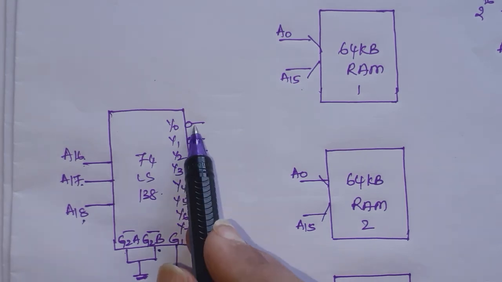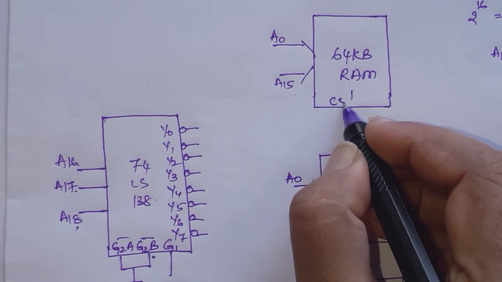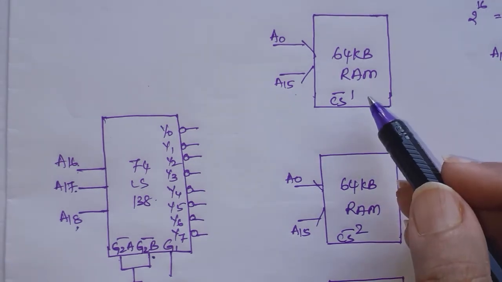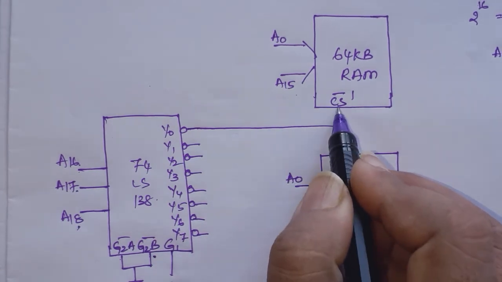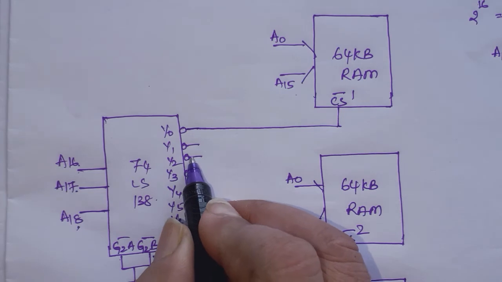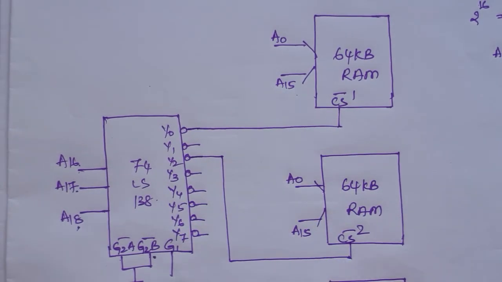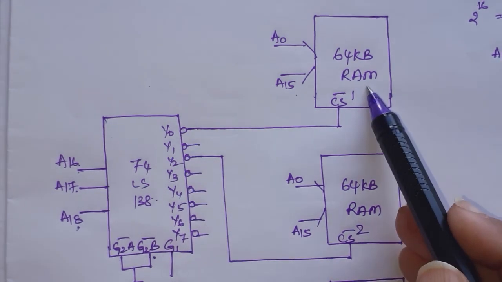Each one of them we can use for the chip select of these memory chips. For the chip select of this RAM, we can use Y0 to select this particular chip, and let me use Y2 to select this other chip. So when Y0 is low, this chip will be selected.